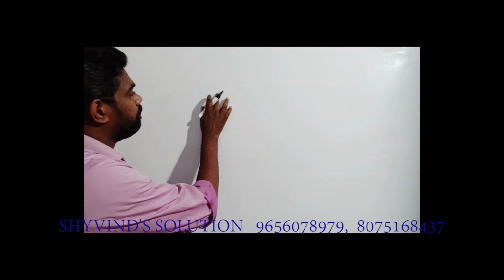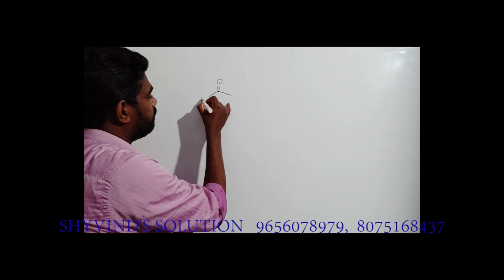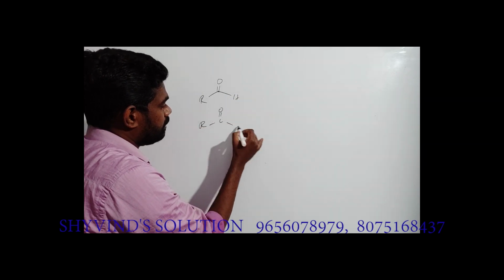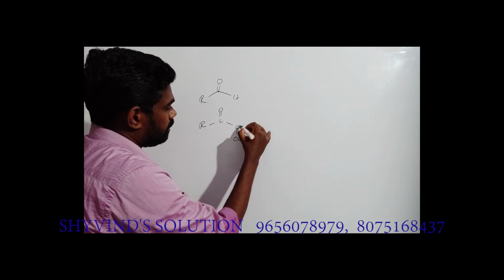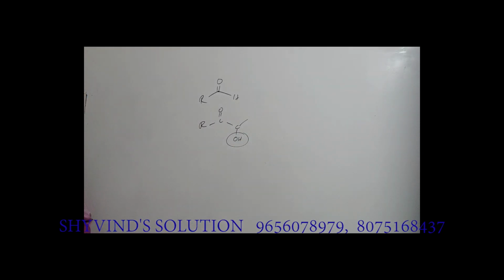Okay, so we have the group aldehyde, and this species alpha hydroxy ketone. Alpha hydroxy ketone will give you a positive Tollens test.